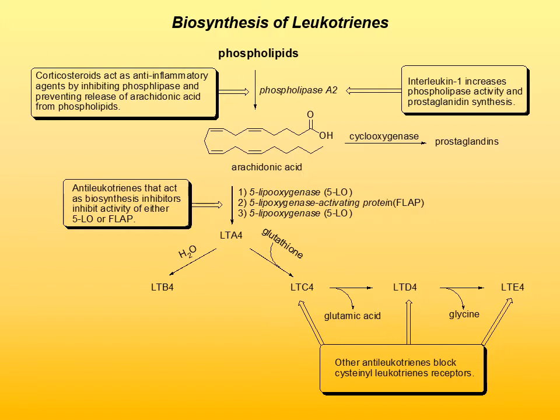So the first step in biosynthesis of leukotrienes is release of arachidonic acid from the cell membrane, and that is accomplished by phospholipase A2. So arachidonic acid is a component of phospholipids that form the cell membrane, and so the enzyme phospholipase A2 releases arachidonic acid.